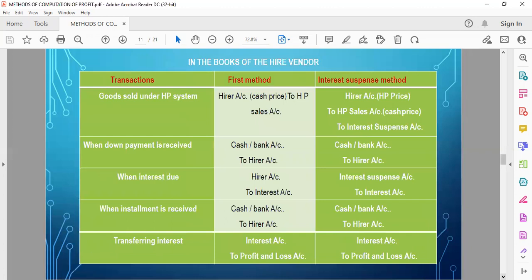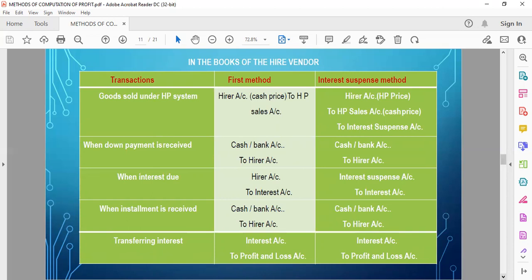Next, we can see in the books of the hire vendor how we are writing the journal entries. The first transaction is goods sold under hire purchase system. Here, hirer account debtor to hire purchase sales account.